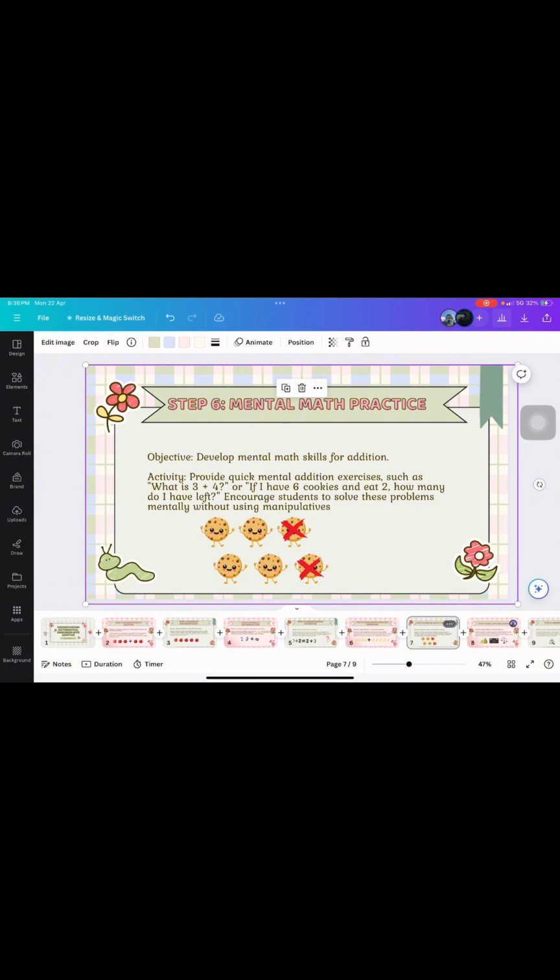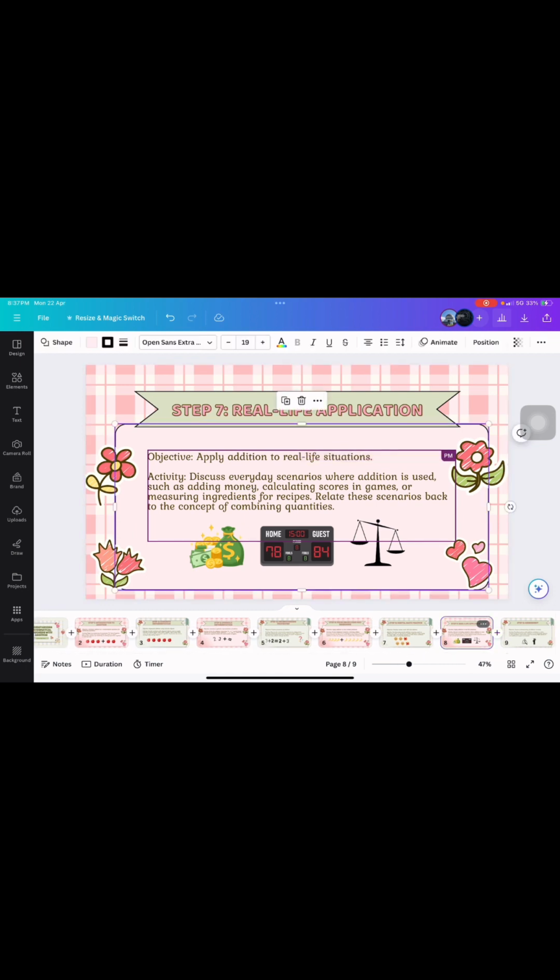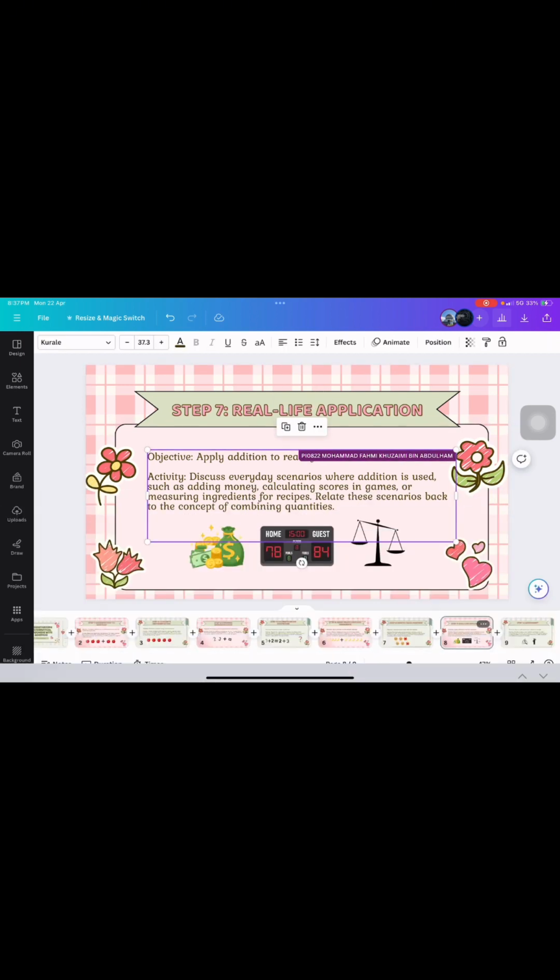By engaging in this quick mental addition exercise, students not only practice their addition skills but also develop confidence in their ability to perform mental calculations efficiently. So we move to the last step, which is real life application.